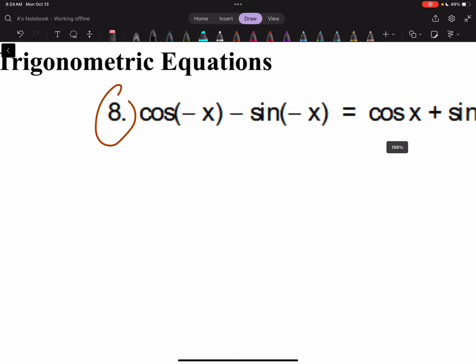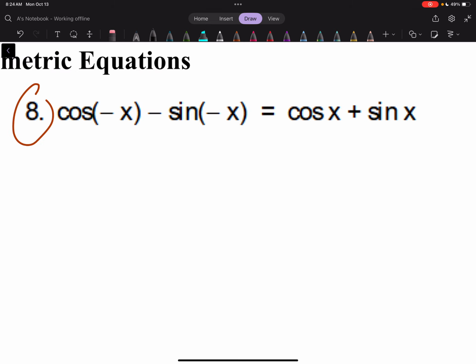Let's look at number 8. Cosine of negative x minus sine of negative x equals cosine x plus sine of x. Well, cosine of negative x is just cosine of x by definition. Well, by symmetry, sine of negative x is negative sine of x due to symmetry.